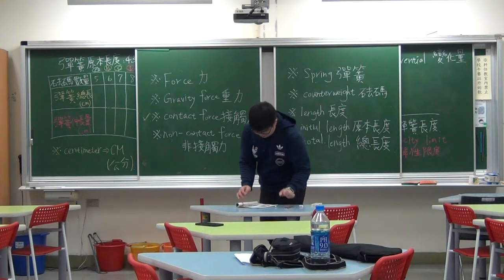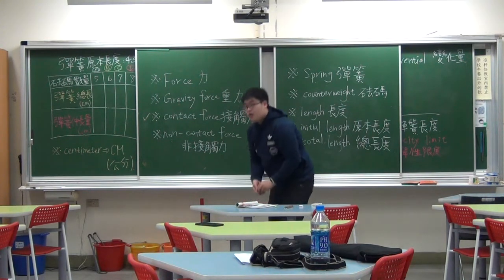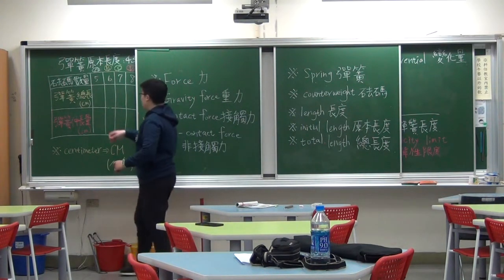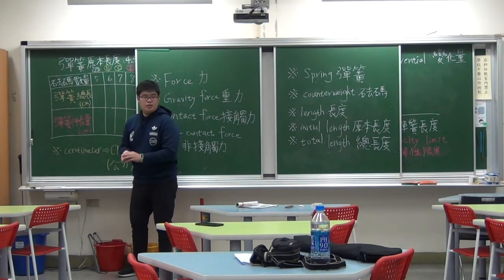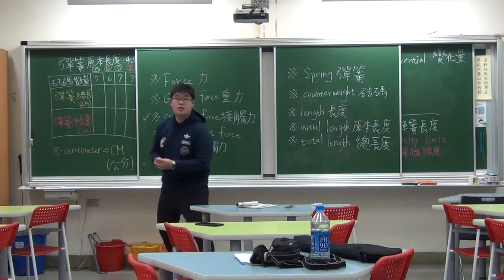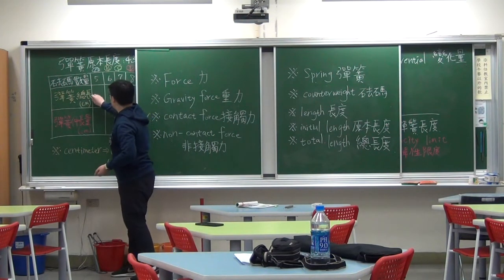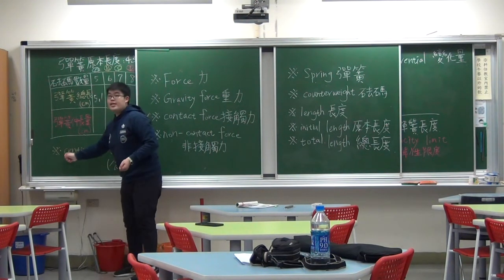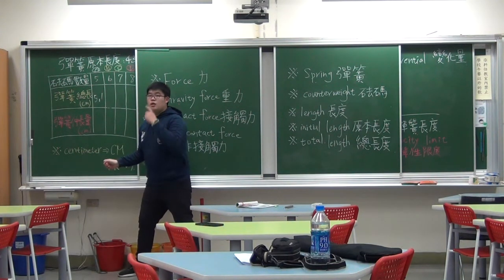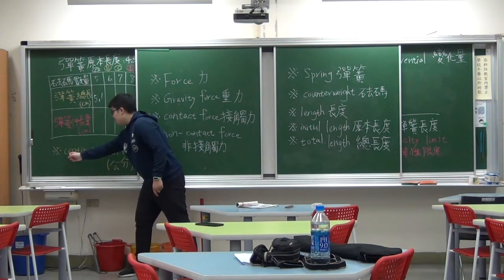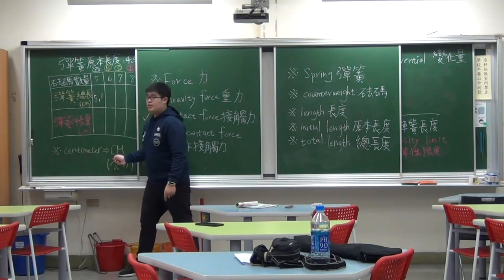Now please, group A, your total length of spring is 5.1 centimeter. Repeat after me, centimeter. We usually abbreviate centimeter as cm.